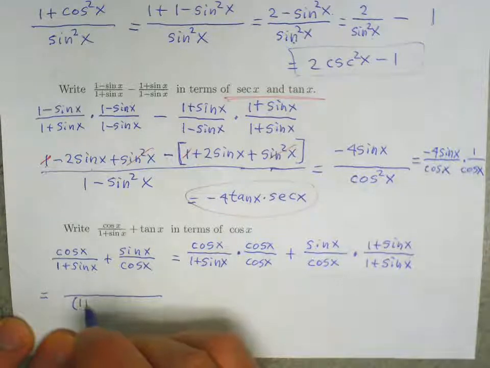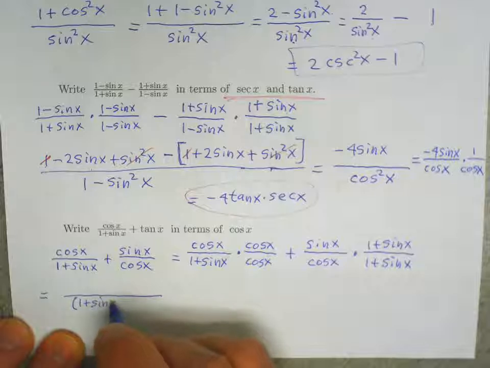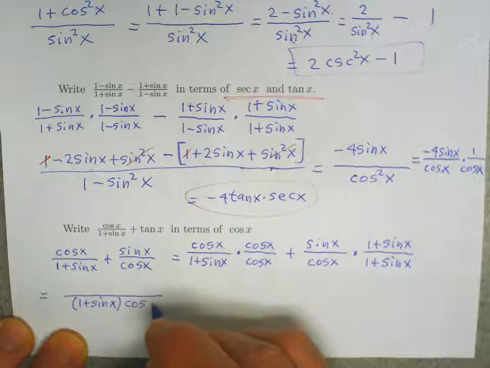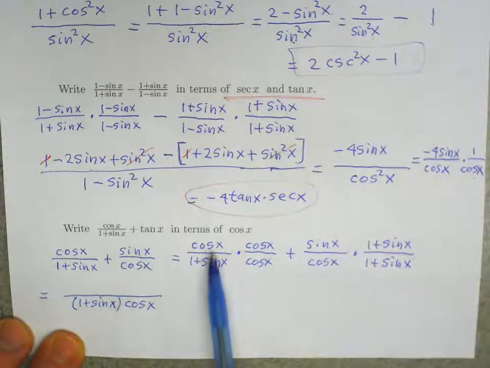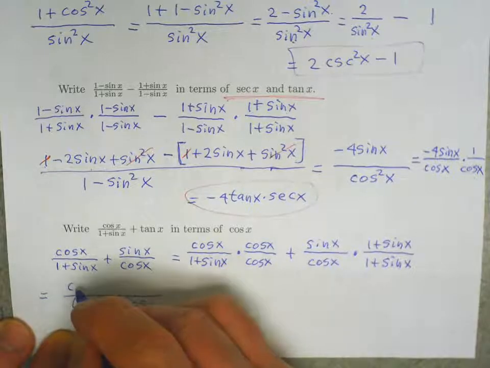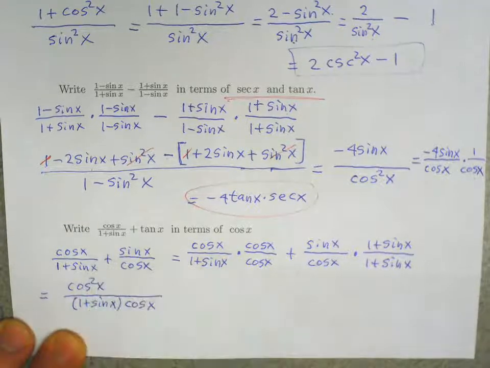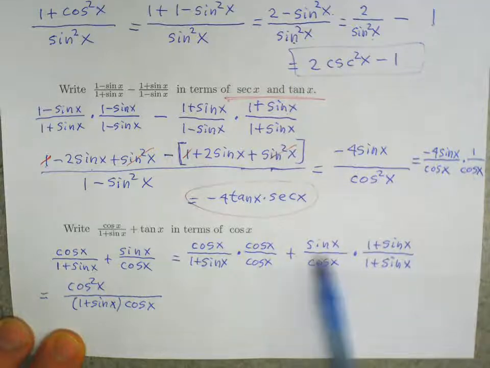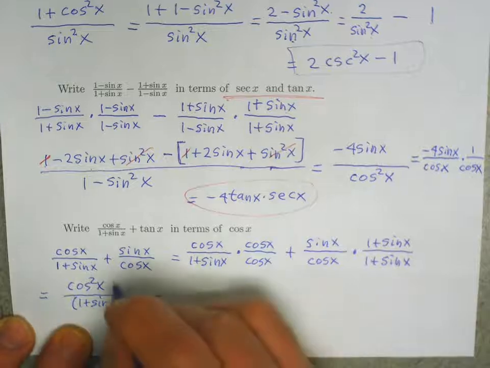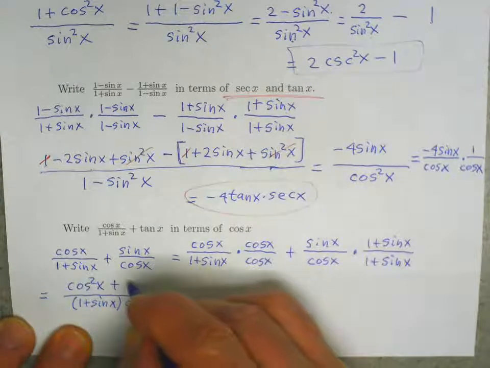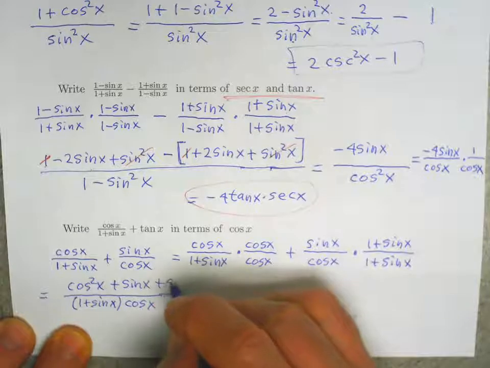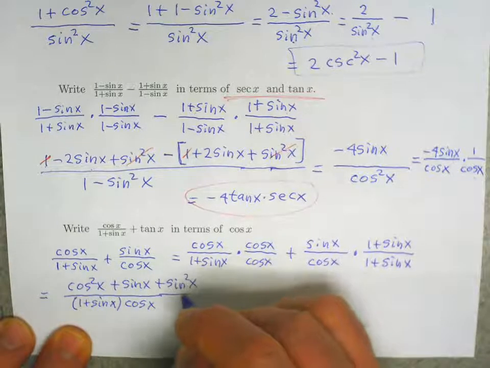We'll have 1 plus sine of x, that quantity times cosine of x for the denominator. And then in the numerator, we have cosine of x times cosine of x, which is cosine of x squared, and then plus sine of x times 1 plus sine of x, so we have plus sine of x plus sine of x squared.